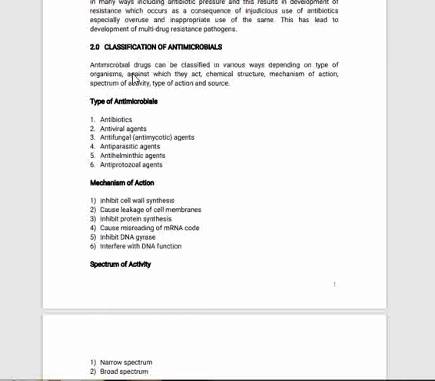We still have, they can cause misreading of messenger RNA code, and therefore interfere with the entire transcription and replication process of the microbes. They can always as well inhibit DNA gyrase, which is one of the most important enzymes responsible for replication of DNA. They can interfere with the DNA function. All these ones will now give us classification of drugs depending on their mechanism of action, how they act.